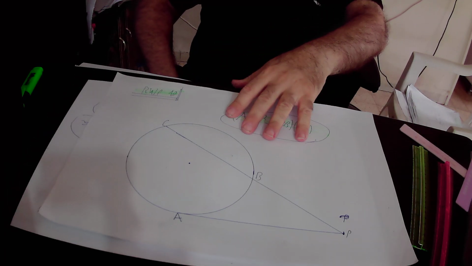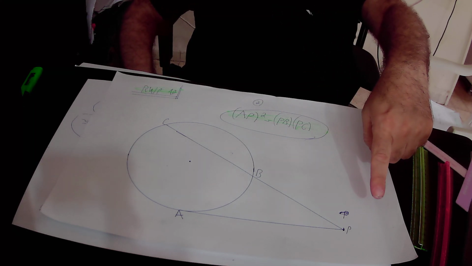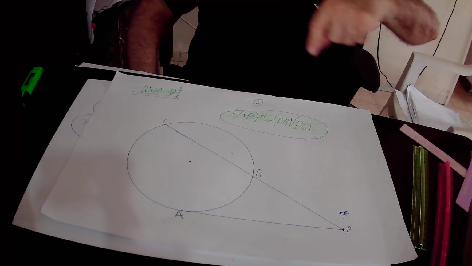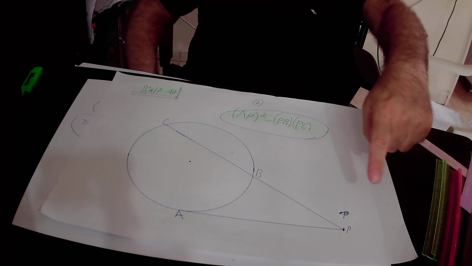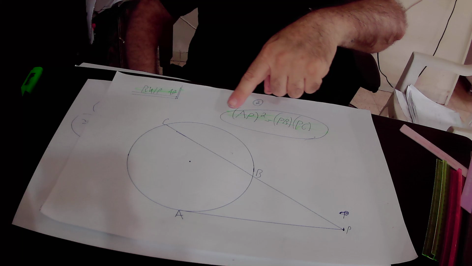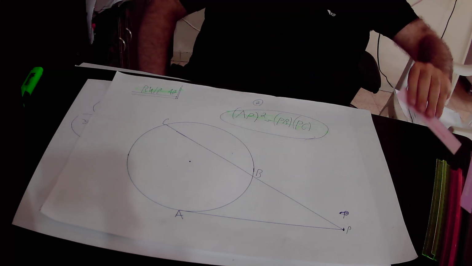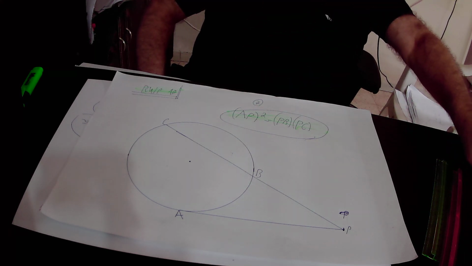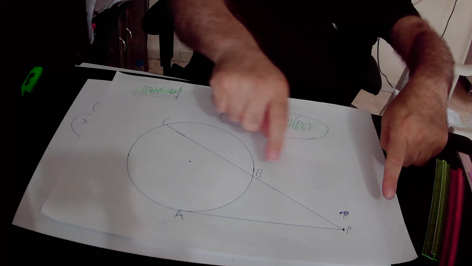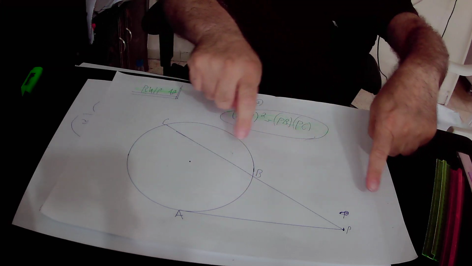So here we have this circle, and we have the external point P. From the external point P, we have tangent PA that is tangent to this circle at point A. And from the same point P, we have the straight line here that intersects with the circle at point B and at point C. So if this is the data that has been given to us, then the following equation is true: PA squared equals PB times PC. Repeat again, PA squared equals PB times PC.